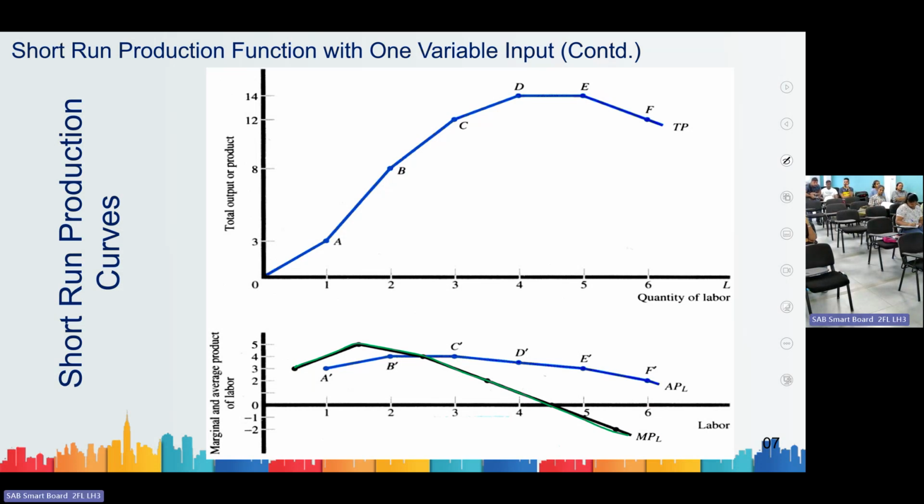The maximum of marginal product of labor is here. So at this level of labor, marginal product of labor is maximum.